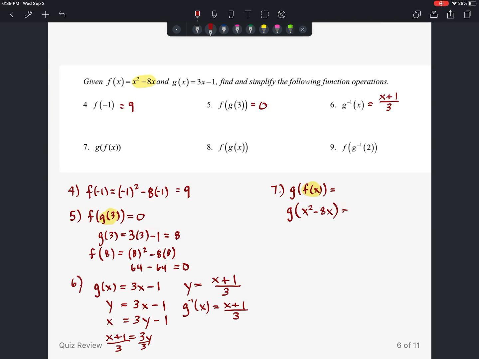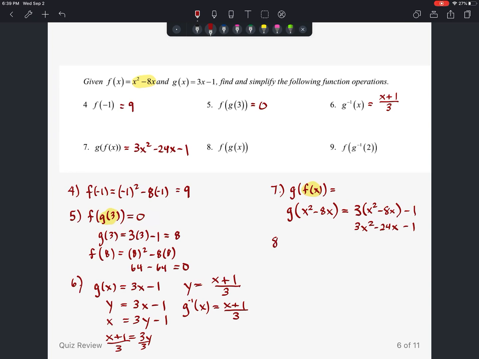And we'll substitute that in as our input. So we'll say 3 times the quantity of x squared minus 8x, and then we have minus 1 afterward. And now we just need to simplify. We'll distribute our 3 to get 3x squared minus 24x minus 1. And that is our answer. 3x squared minus 24x minus 1.